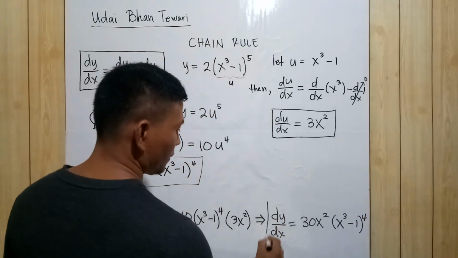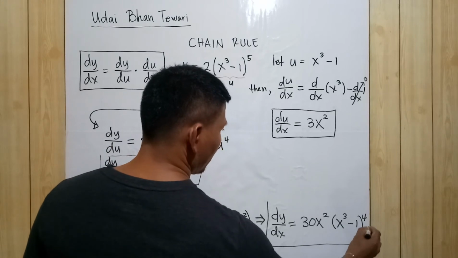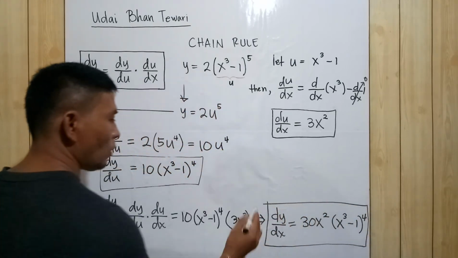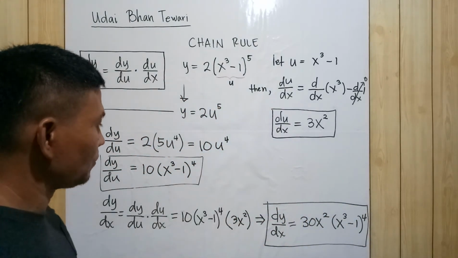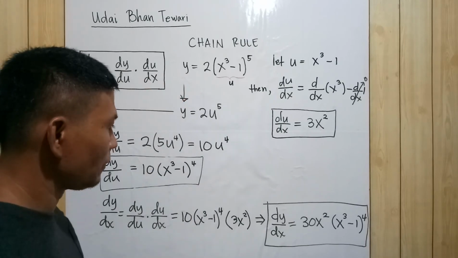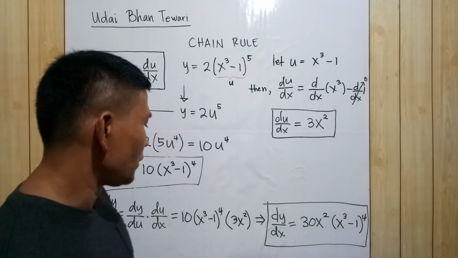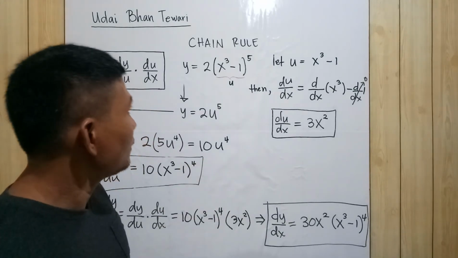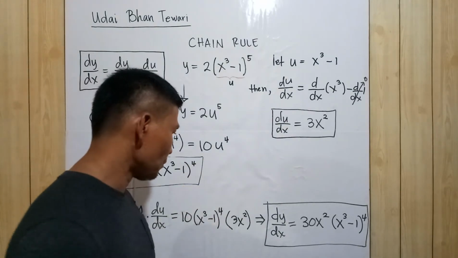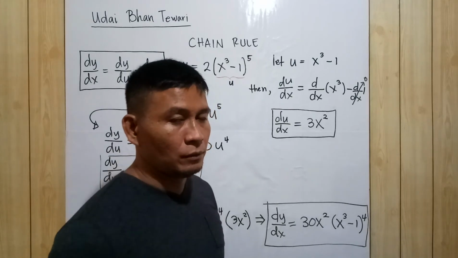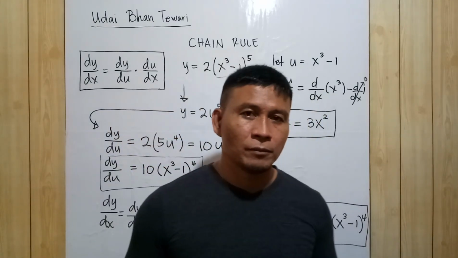So that is the final answer for dy dx given the value of y a while ago. That is the value of our dy dx, or the derivative of y in terms of x, by using chain rule. Okay, I hope you have learned something from this video, guys.